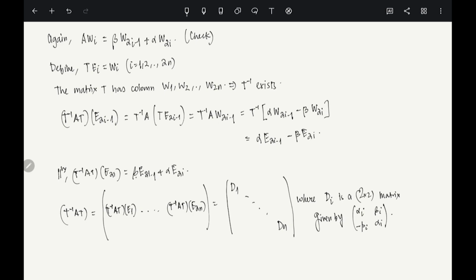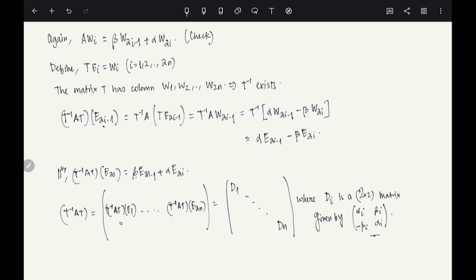If you write it down, you see T inverse AT of E1 is alpha E1 minus beta E2. So you put everything together, and this is what you are going to get. Now T inverse AT times E2, you calculate similarly. So you put i equals 1, i equals 2, and then you are going to get a matrix which looks like this.